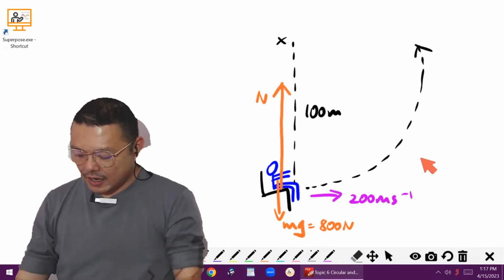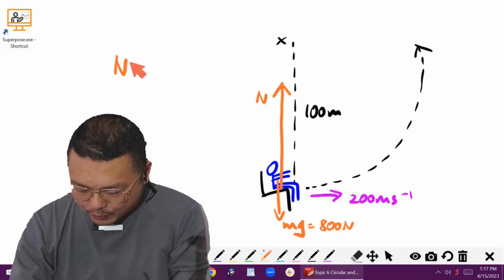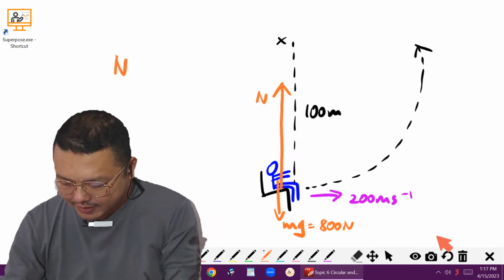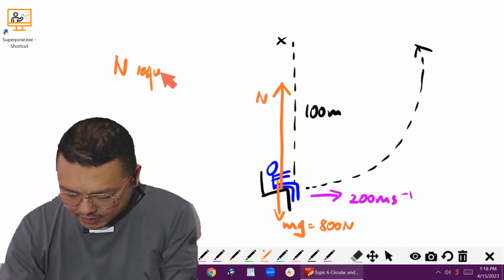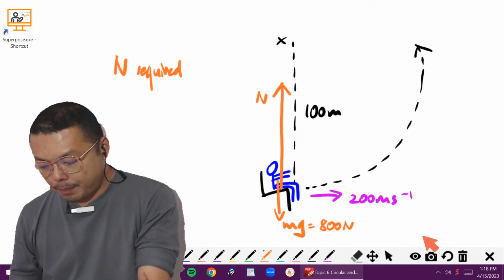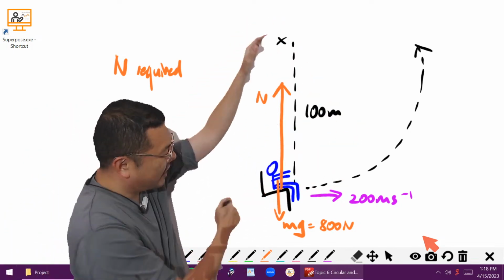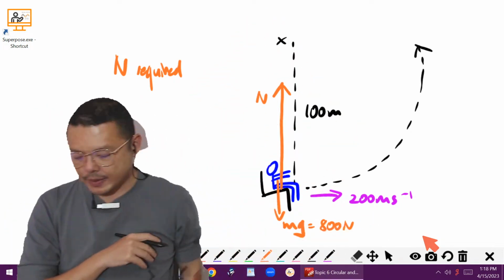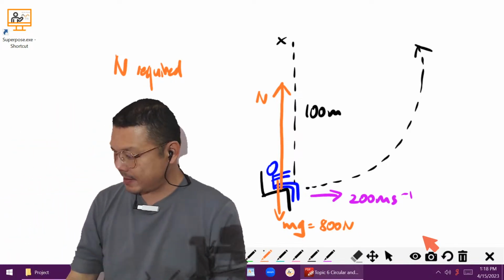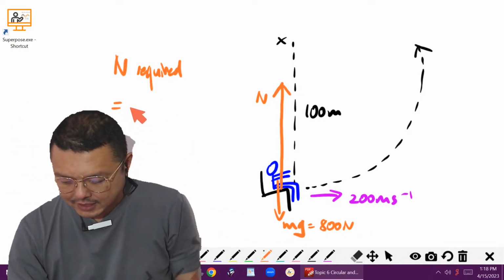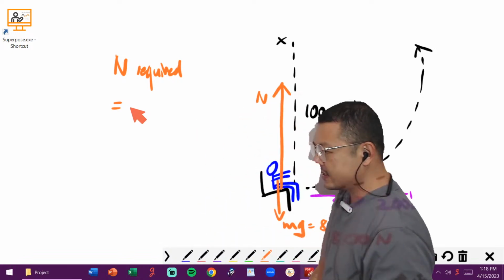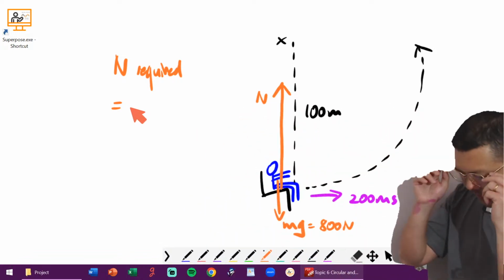The question now is I want you to find N. What is the N force required for the man to go around in a circular motion of radius 100 meters with a speed of 200 meters per second? Just that first. Let's get you to work on this, and then I'll explain a couple of things in a while.